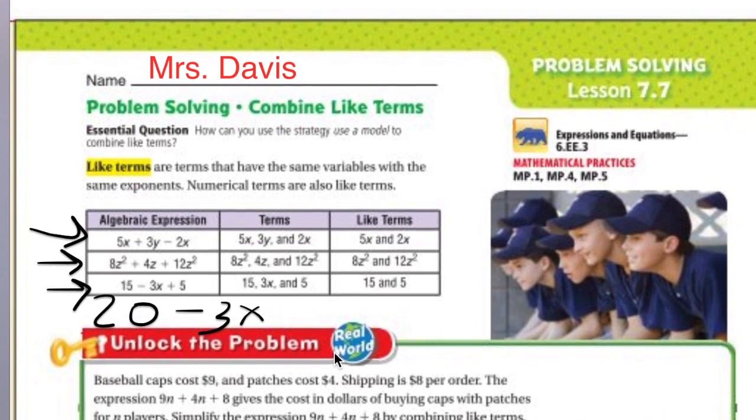So n is a variable for the unknown amount of players. 9 is the cost of the baseball caps. 4 is the cost of the patches. So this algebraic expression would give us the amount of money it would cost for however many players to buy caps with patches.